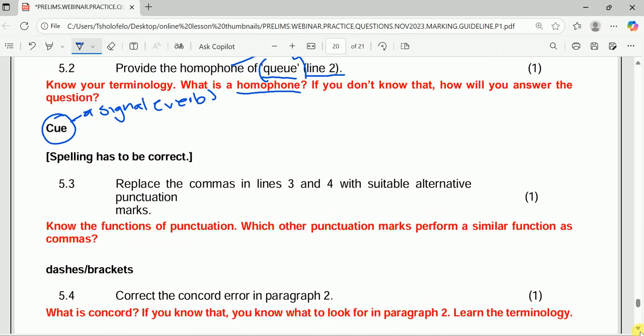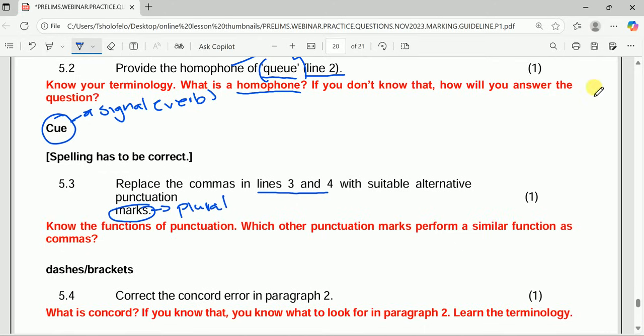Now, in this question, spelling has to be correct. Please remember this is the language section, right? Now replace the commas in lines 3 and 4 with suitable alternative punctuation. It does not say punctuation mark, it says punctuation marks, which is plural. Right?